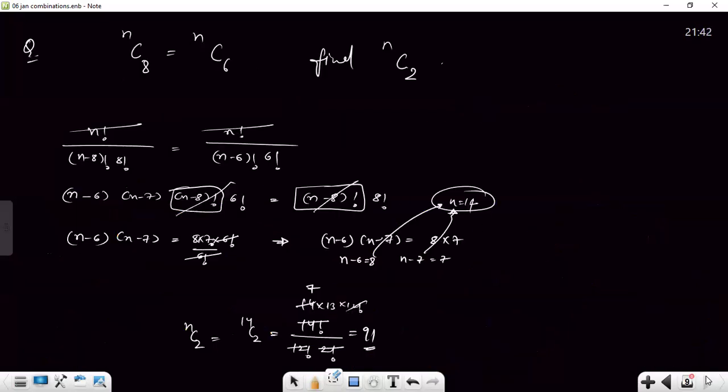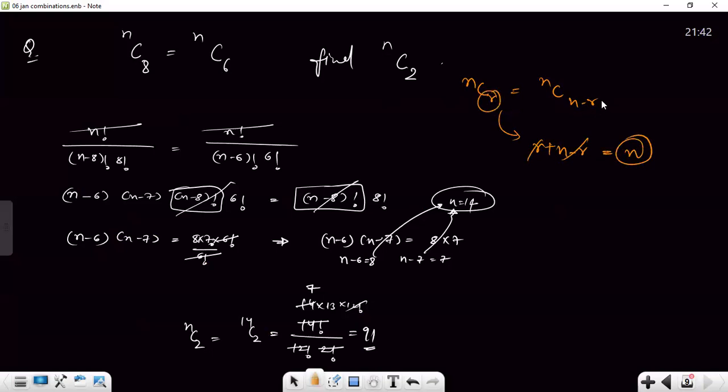Using the same property, we could have solved this particular question. Let's find out how. We know nCr is equal to nC(n minus r). So one thing we can conclude is that r plus n minus r should equal n.